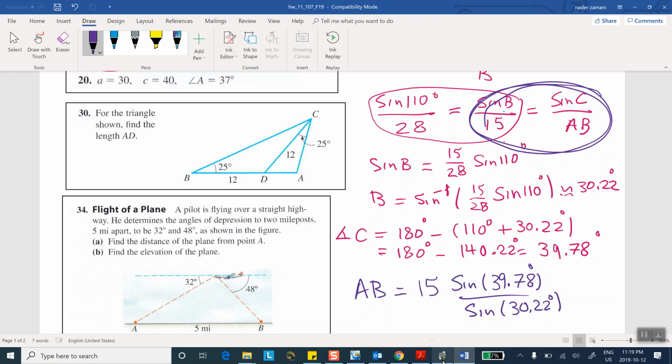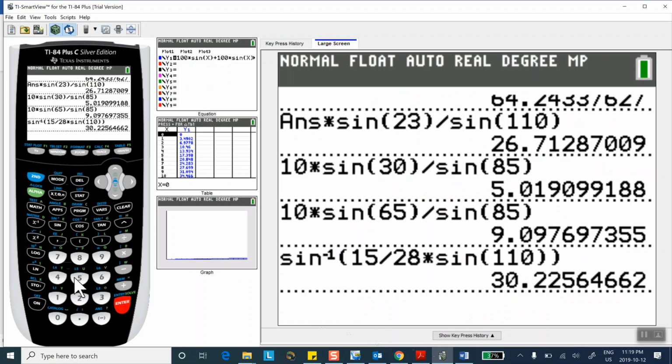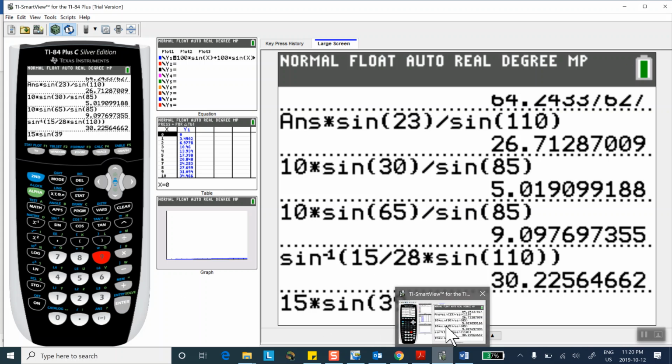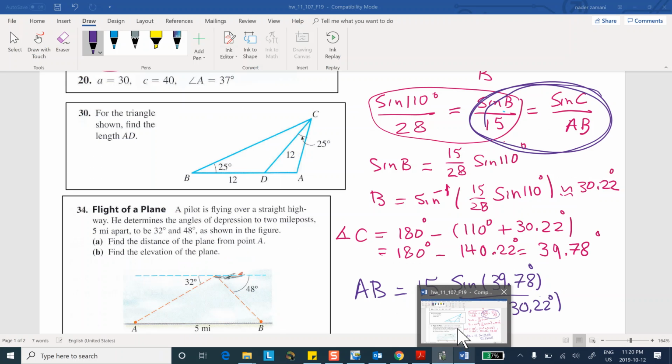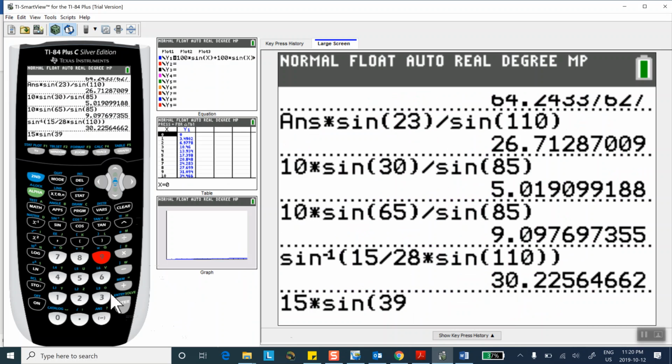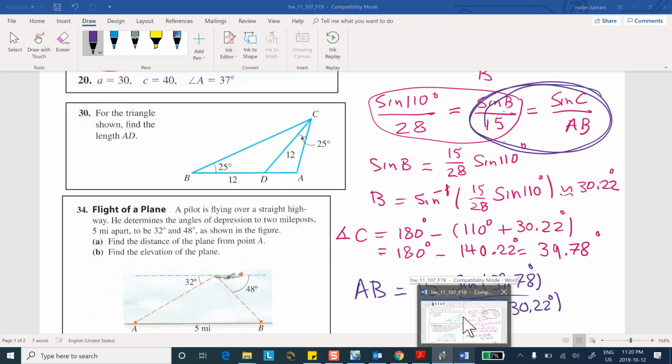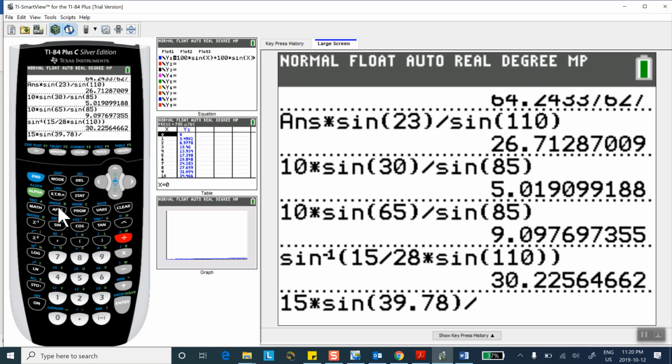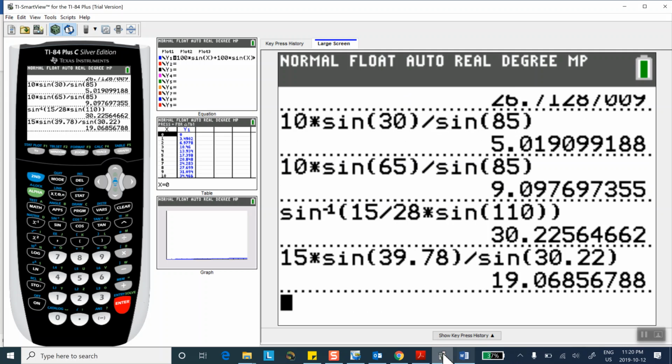15 times sine of 39.78. So it's going to be 15 times sine of 39.78, close the parentheses, and then divided by sine of 30.22, close the parentheses, hit return, and this is going to be 19.06.